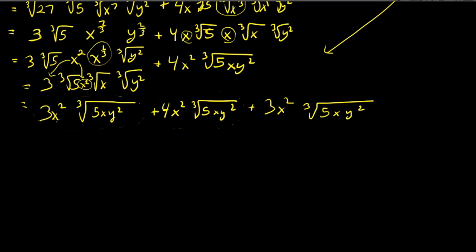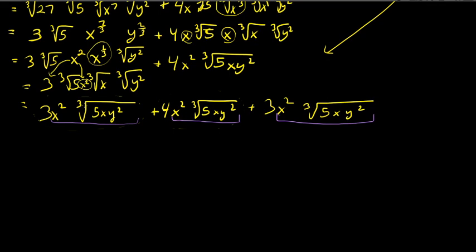So let me show you that. We have x squared in front, and then underneath the radical we have 5xy squared. Again, we have the x squared in front, and then 5xy squared under the cube root, and then x squared, and then underneath the cube root, 5xy squared.